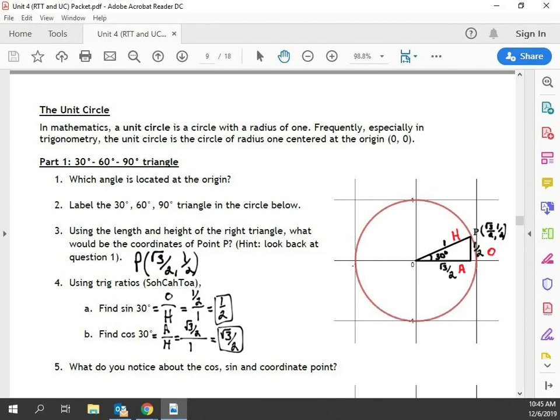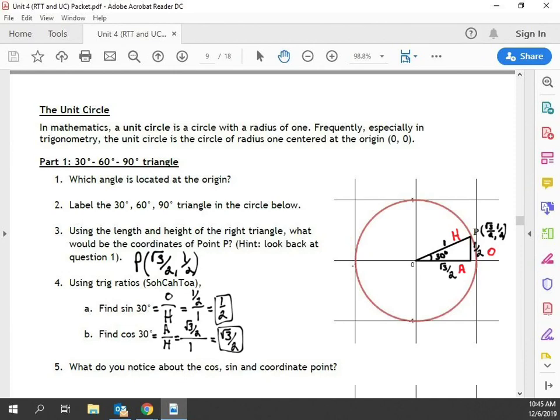Now, what do you notice whenever we do trig functions with the unit triangle, with the unit circle? Why is it that when we find these trig functions and I plug them in, they're not changing their values? Because what's 1? The hypotenuse is 1.